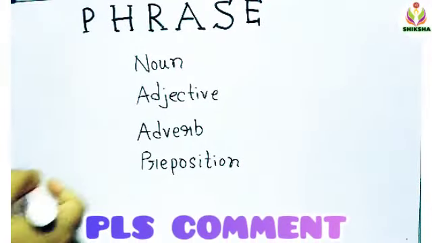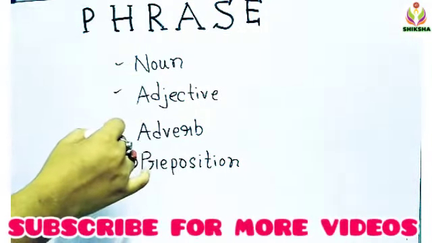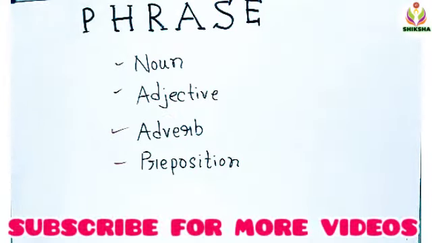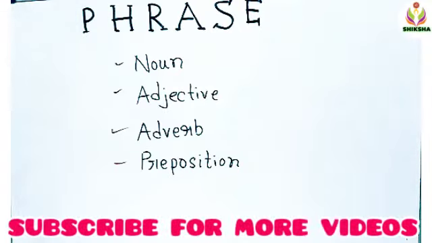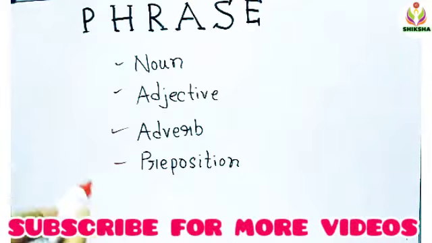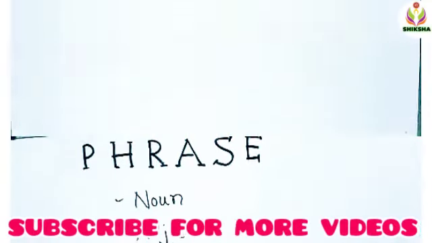A phrase can act as a noun, an adjective, an adverb or a preposition. The function of a phrase depends upon its construction. So depending upon the function in a sentence, a phrase can be divided into various kinds. Let's see what they are.